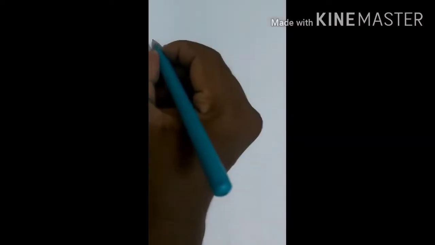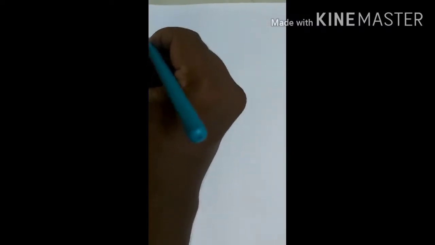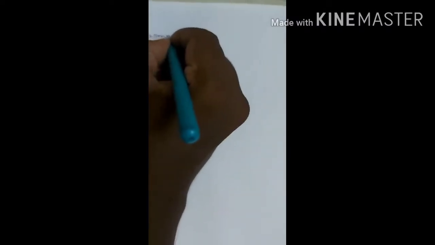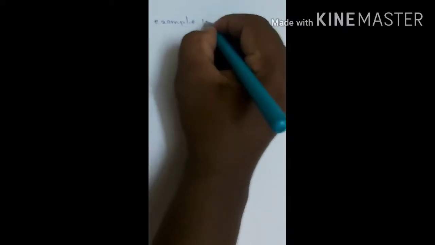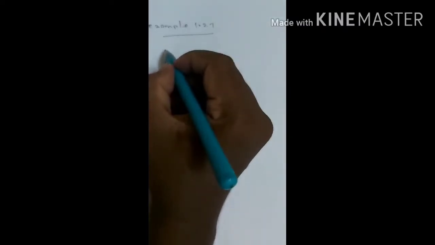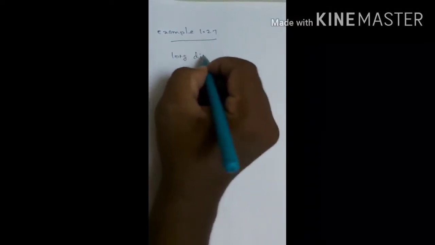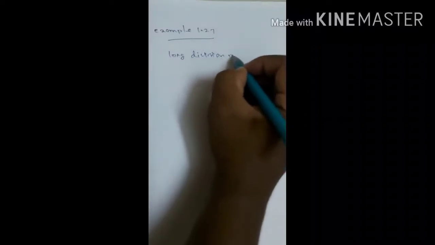So next example sum, example 1.27. Find the square root of 4,59,684 by the long division method.